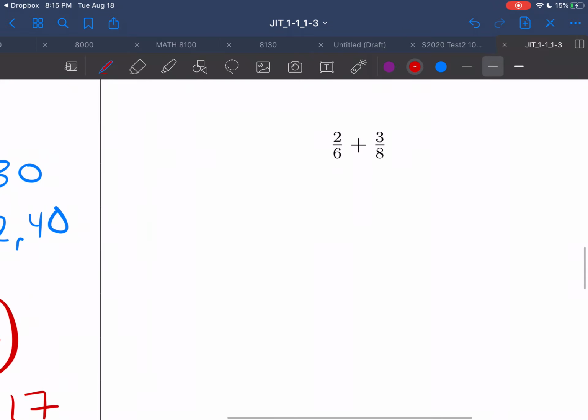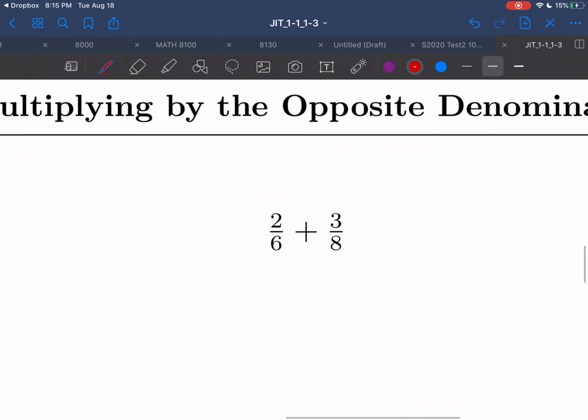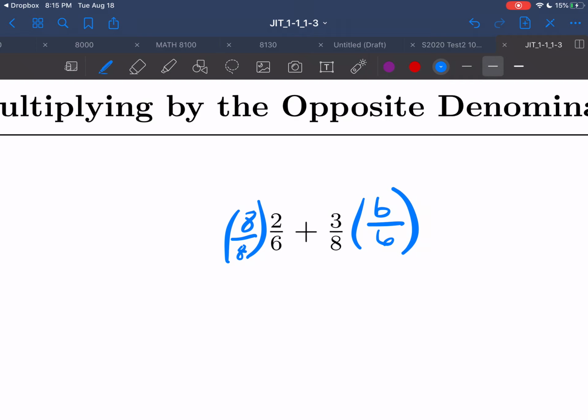It just might be a larger common denominator. So to do multiplying by the opposite denominator, we've got 2/6 plus 3/8. So 2/6 will get multiplied by 8/8, and 3/8 will get multiplied by 6/6. Again, all we're doing is multiplying by 1.